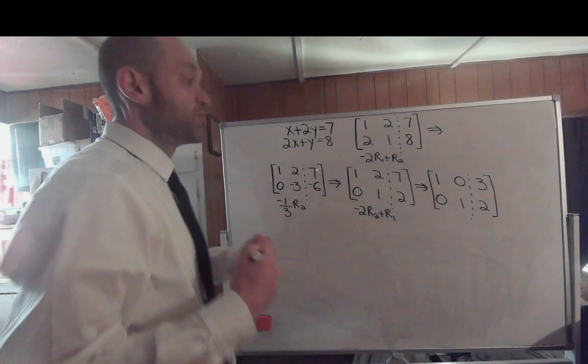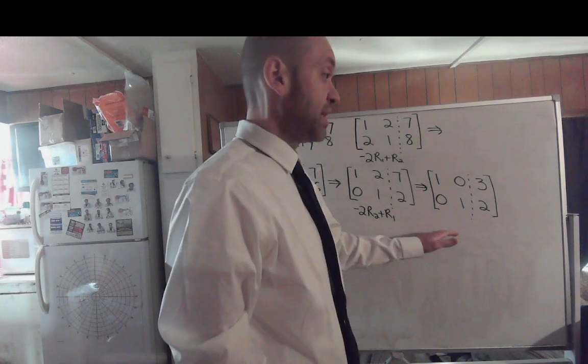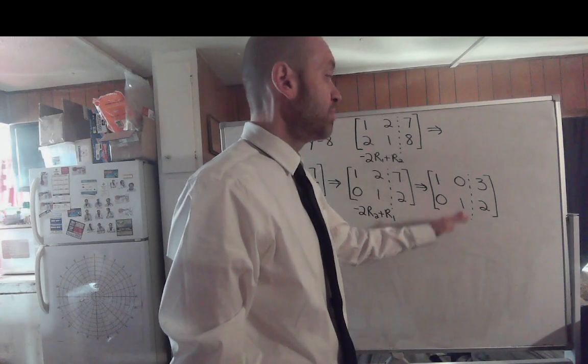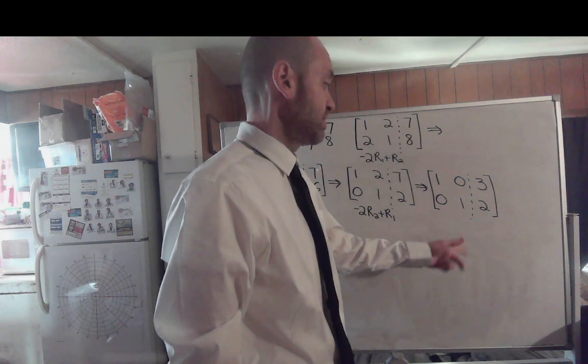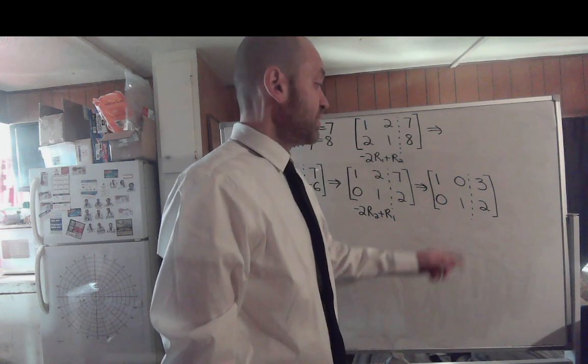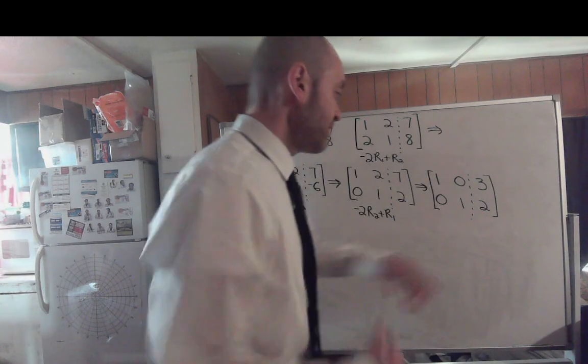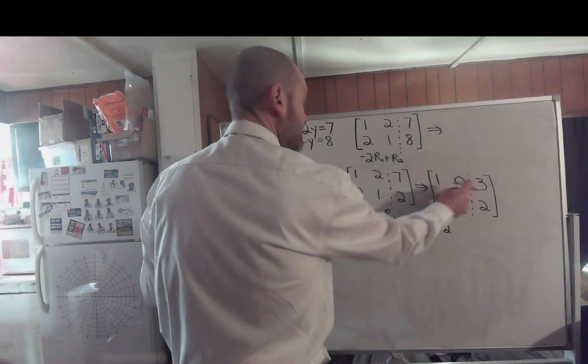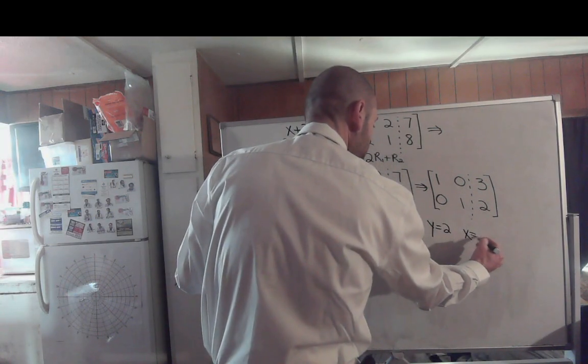Well, now this is in reduced row echelon form because a leading digit in each row is 1 and you have zeros above and below the leading digit. So this tells you your direct y value is 2 and then your direct x value is 3.